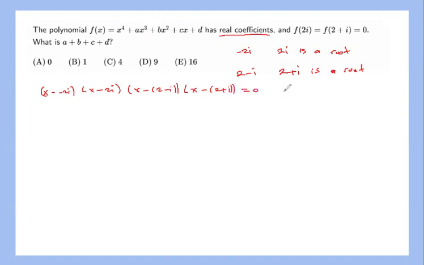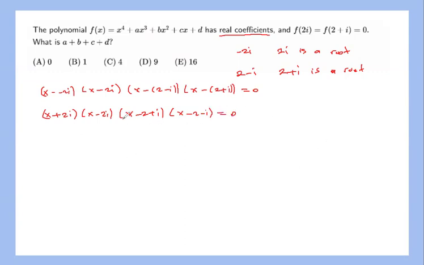When we multiply these, we should be getting 0. So let's clean this up a bit. The first one is x plus 2i, and this is x minus 2i. And if you expand the negative, you get x minus 2 plus i, and then the next one, x minus 2 minus i. And this is equal to 0.